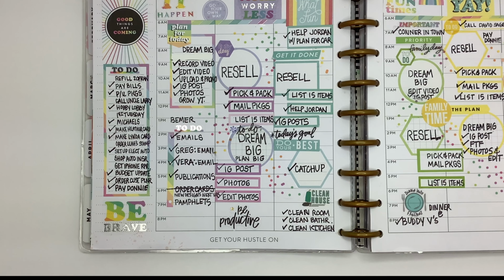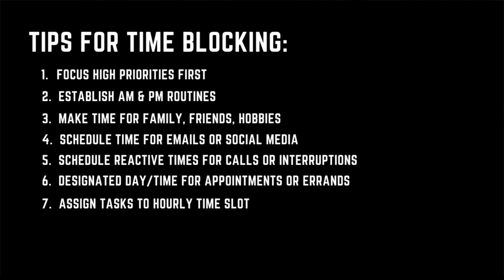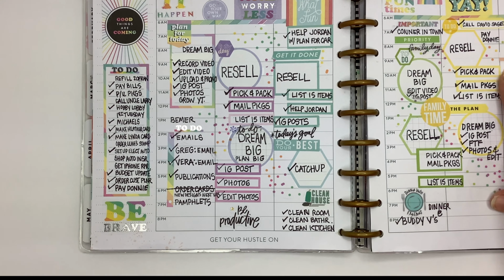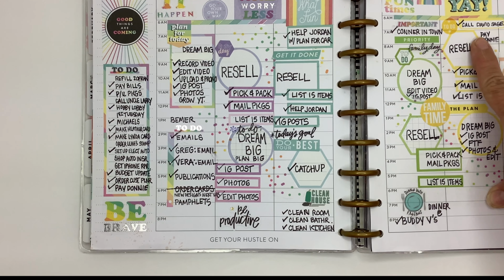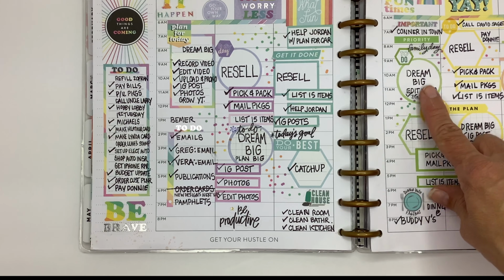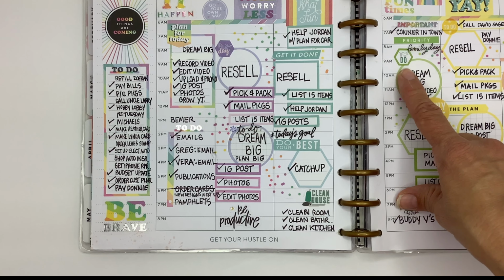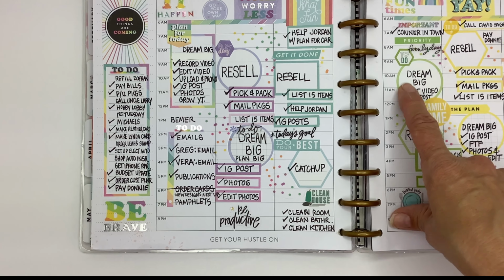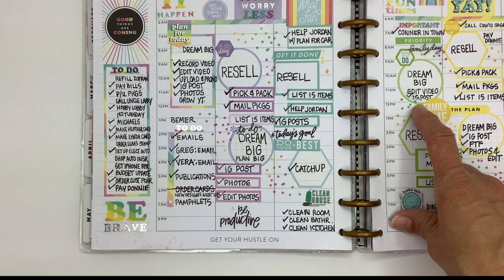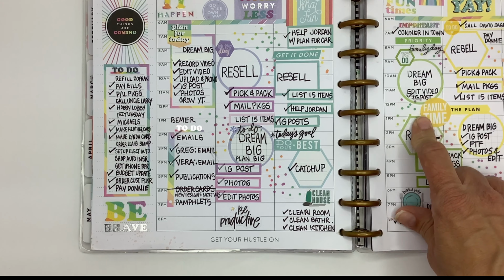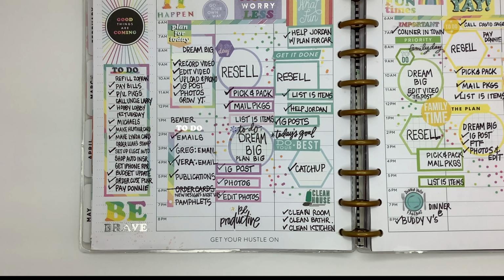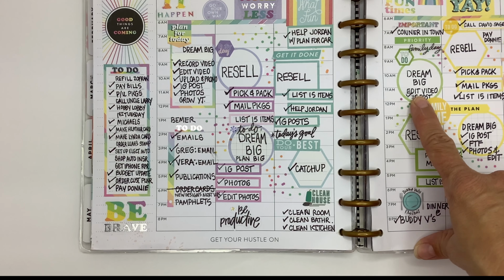Okay, another tip I have is to fill in your tasks in the time slots. And like I said, this could be where you just say, I'm going to do Dream Big, and then you go to your Dream Big planner, or you can write in the specific task here. But having your specific tasks in the time slot really helps you gauge, okay, can I edit a video in an hour?